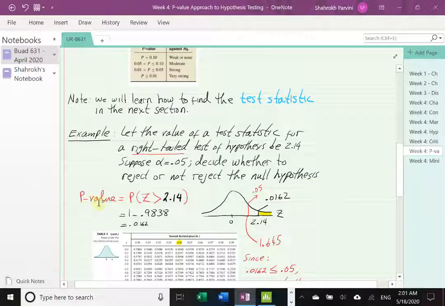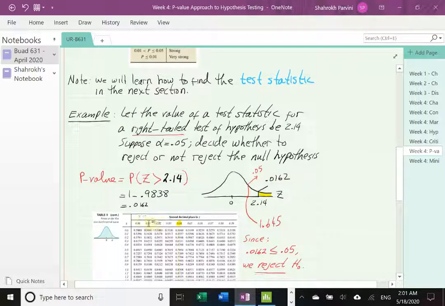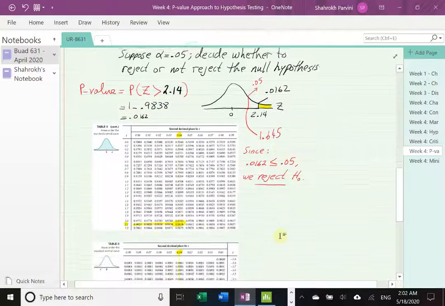So our p-value is the probability of z greater than 2.14. You can get this probability from Minitab. I use the table. And that probability is 0.162. Because our stated alpha is 0.5, 0.162 is less than that, so we reject the null. Whatever the null was, we're going to reject that null.